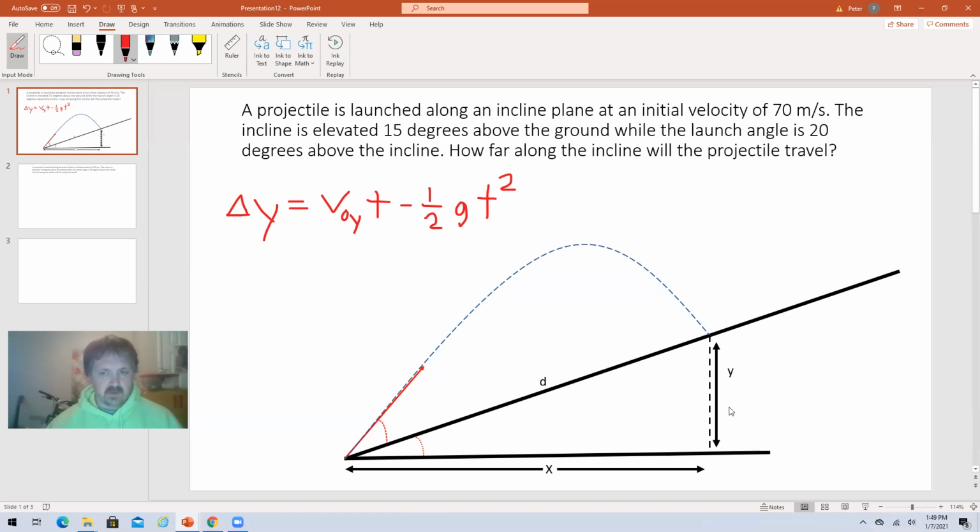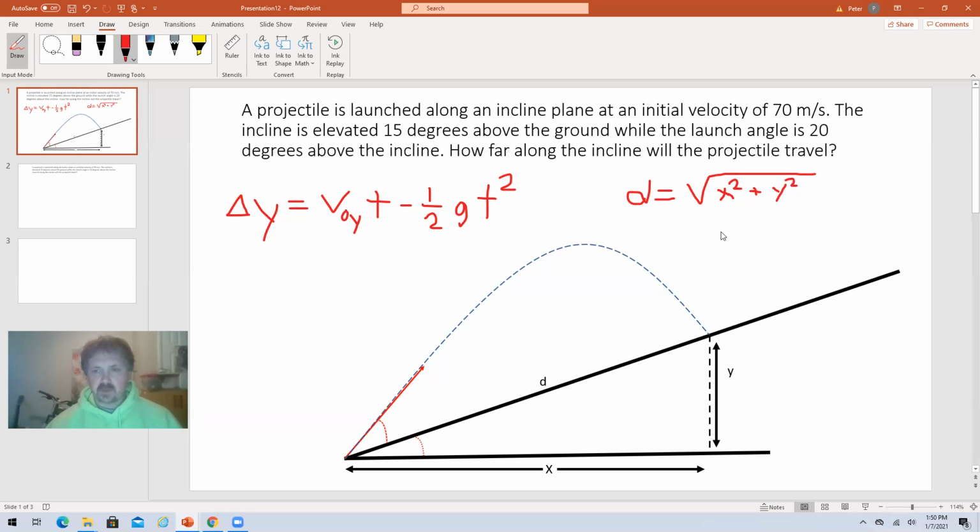Once we know x and we know y, then d should obviously equal the formula for the hypotenuse of a right triangle, which is the square root of its legs squared and added to one another: the square root of x squared plus y squared.